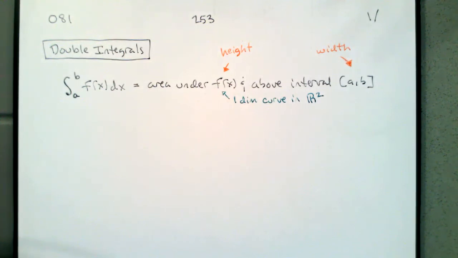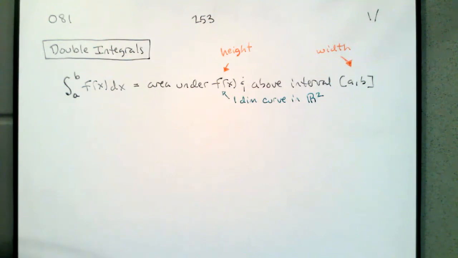So we're not going to be looking at a function of two variables above an interval. We're going to start by looking at a function of two variables above a region, an area. So notice that the interval from A to B, that's an interval, it's one-dimensional.